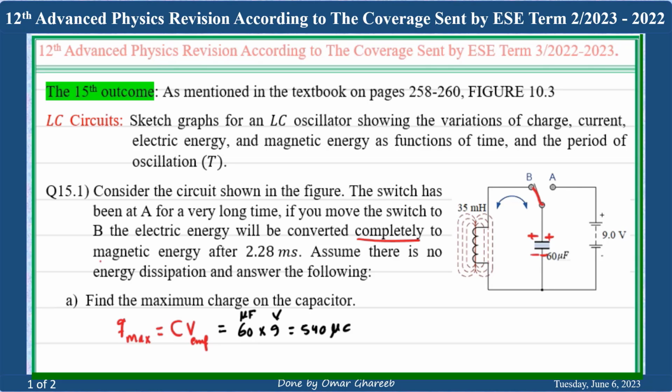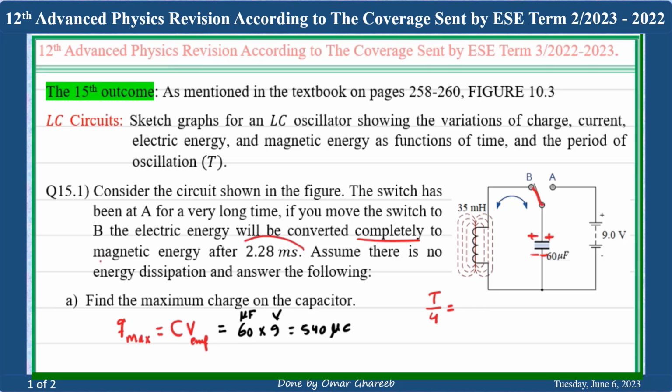As we know from the LC oscillator, the electric energy changes into magnetic energy within 1/4 period. So UE becomes UB after T over 4. So T over 4 equals that time.